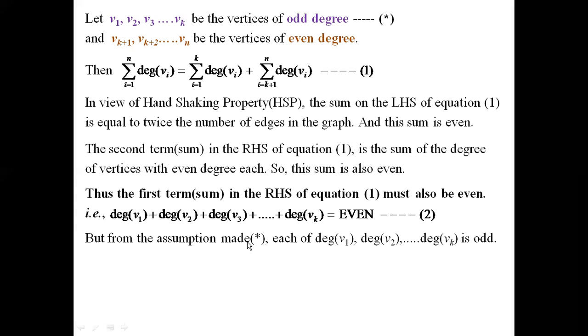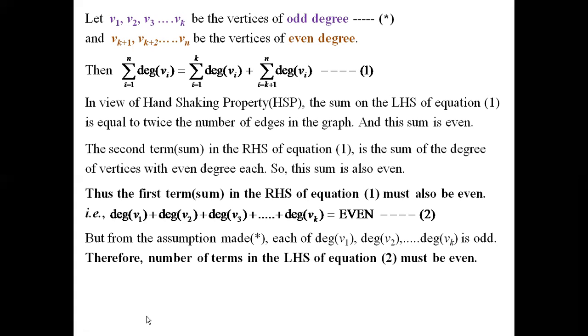But from the assumption made, that is V1, V2, V3, etc. up to Vk are all vertices of odd degree, the star equation I'm talking about. So from this assumption, each of degree of V1, degree of V2, degree of V3, etc. up to degree of Vk is odd. Therefore, the number of terms in the LHS of equation 2 must be even.